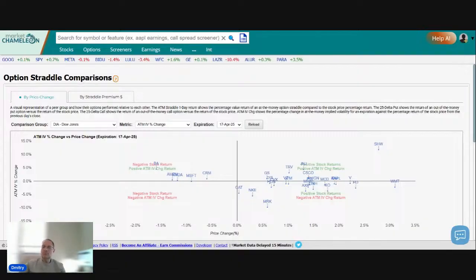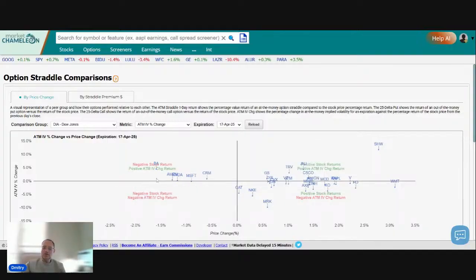Some of the stocks that were up in this quadrant, we could see implied vols were down. Like Merck was up 0.6%. The implied volatility was down almost 10%. Nike, the stock was up 0.3% with implied volatility down 5.6%.